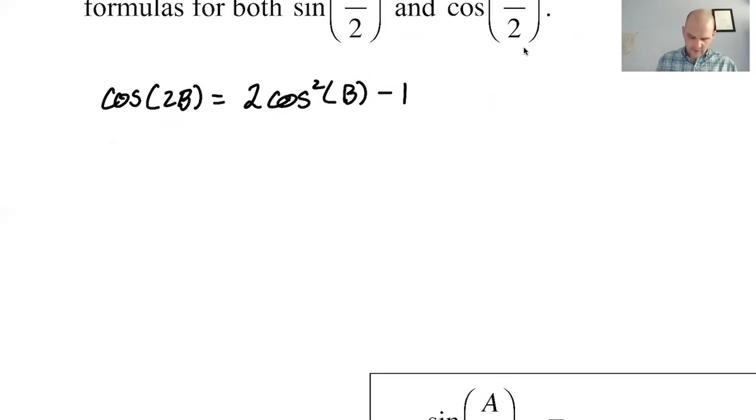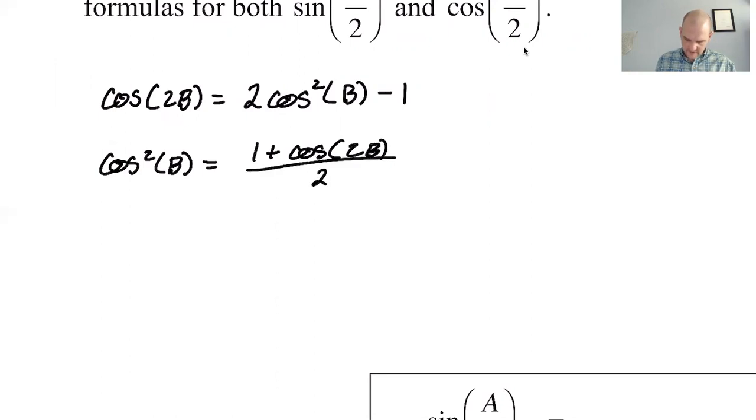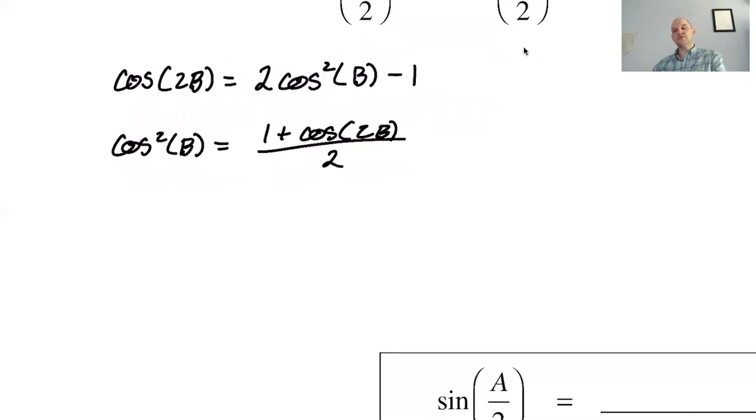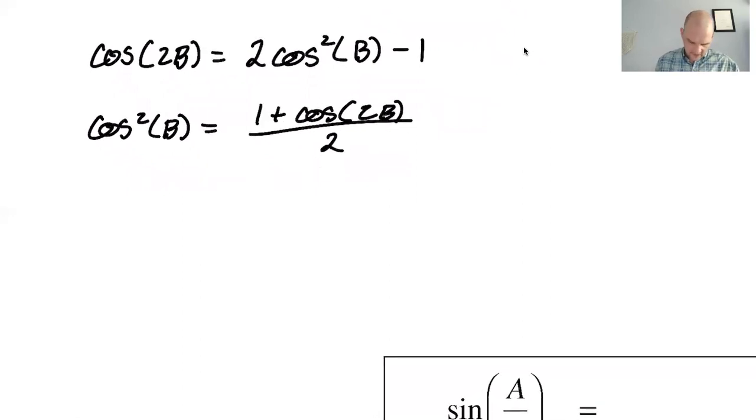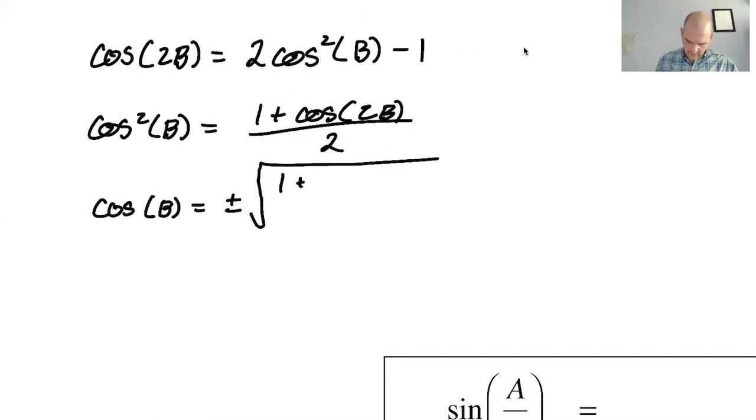So I'm going to add 1 and divide by 2 and end up with cosine squared is 1 plus cosine of 2b divided by 2. Now I'm going to take the square root, but the tricky thing about taking the square root is that you need plus or minus. So cosine of b equals plus or minus the square root of 1 plus cosine of 2 times b divided by 2.